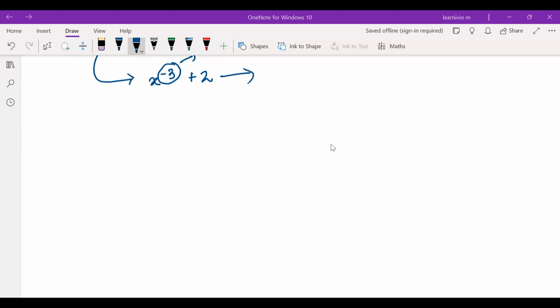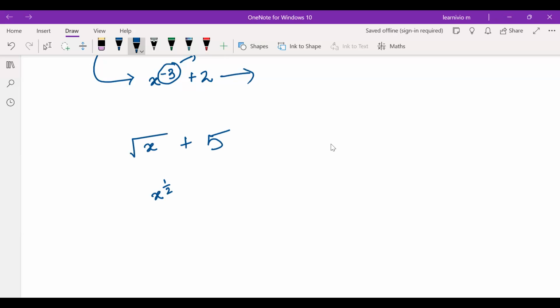Yeah. So if we are having a square root, this is also not a polynomial. Why? Because here x is there and the exponent of that is 1 by 2, which is not a whole number.